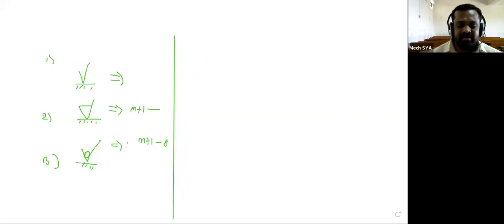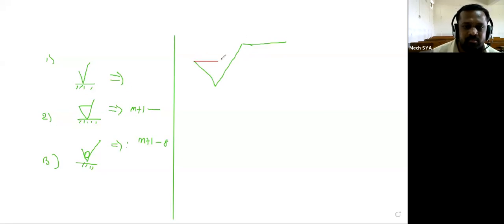See here, this is the basic symbol for the surface roughness, it will be like this. Say this is the surface. Then please tell me, what does this portion indicate?